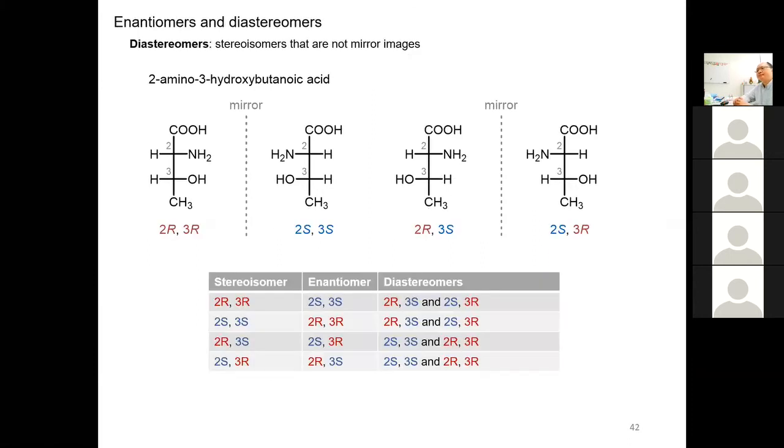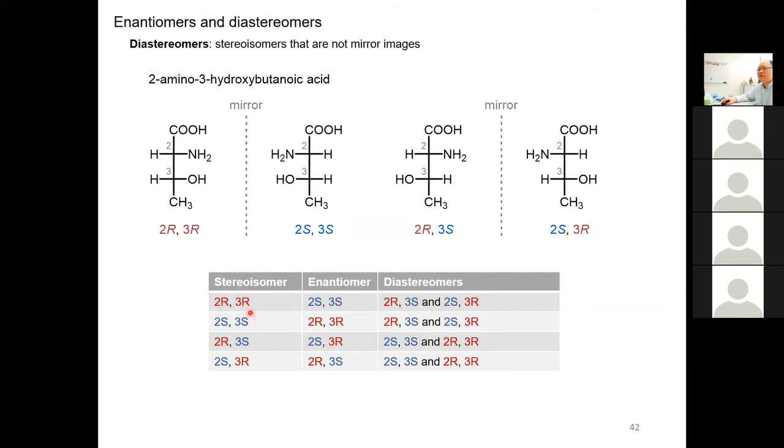So if we summarize all these 4 stereoisomers' relationships in this chart, now you can see it in a clearer way. We have 2R, 3R. Its enantiomer is 2S, 3S. Only one enantiomer. And then its diastereomer is if we keep 2R here, but flip the 3 position, 3S.